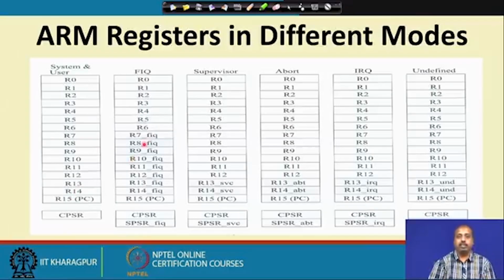So, what is the advantage? It is similar to the bank switching of, say, 8051. Whenever you are writing an interrupt service routine, if you can restrict it to use these registers only, R7_FIQ to R14_FIQ, then you do not need to save any of the registers.